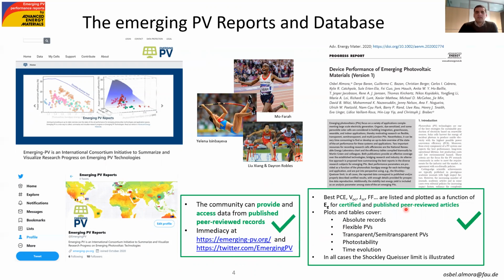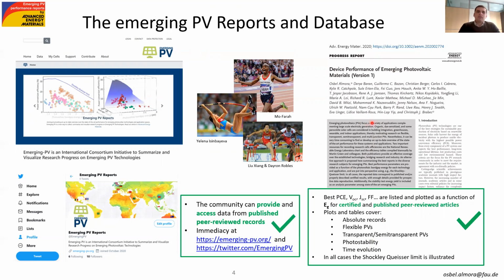More importantly, we target not only the best solar cells, the best reports published in journals for absolute records in each technology, but we also target absolute records which are not certified, flexible photovoltaics, transparent, photostability, the time evolution, and in all cases, we put everything in perspective with respect to the Shockley-Queisser limit for the single junction PV behavior.